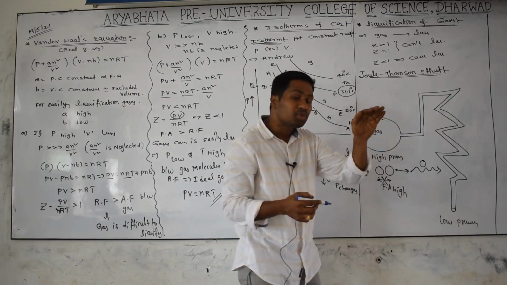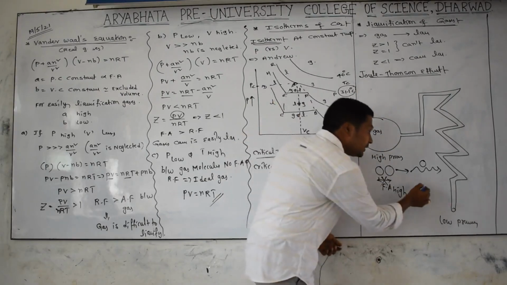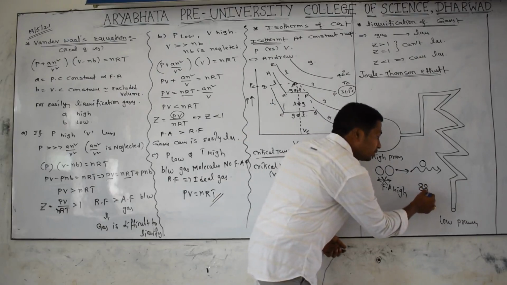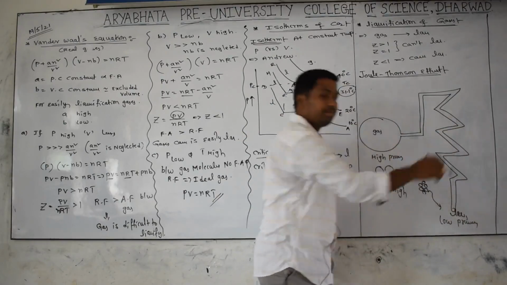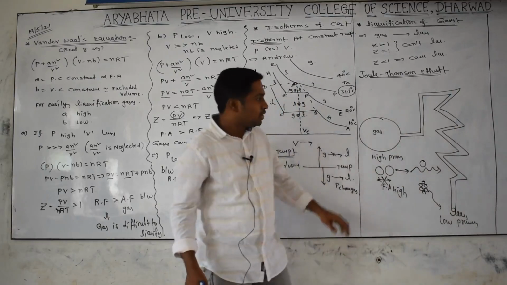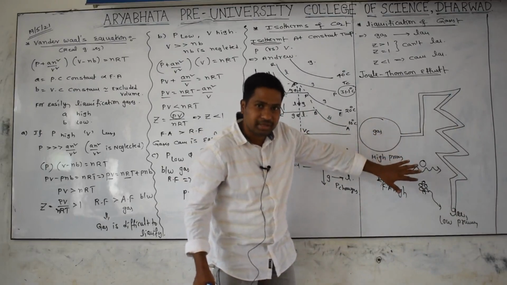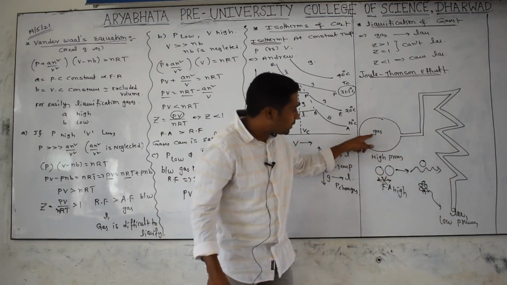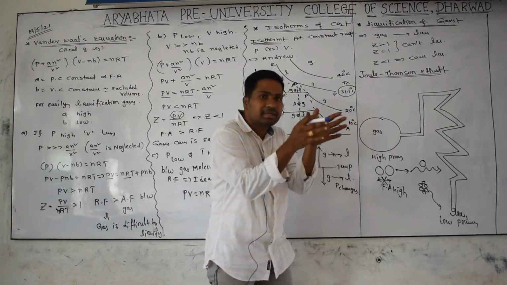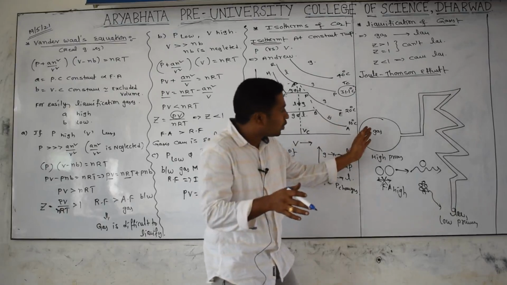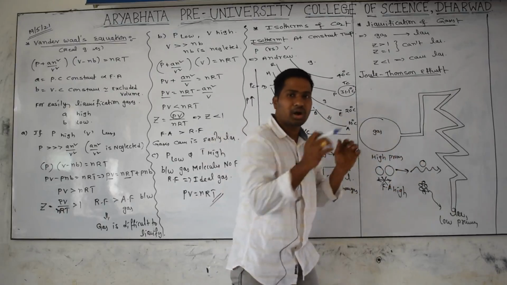Automatically, the kinetic energy of the gas molecules gradually decreases. Once the kinetic energy decreases, the molecules, being very close to each other, condense together and convert into liquid. Very nice concept. When you send gas from the high pressure region to the low pressure region, the molecules at high pressure are very close to each other, but they move to the low pressure region, so they must move fast.